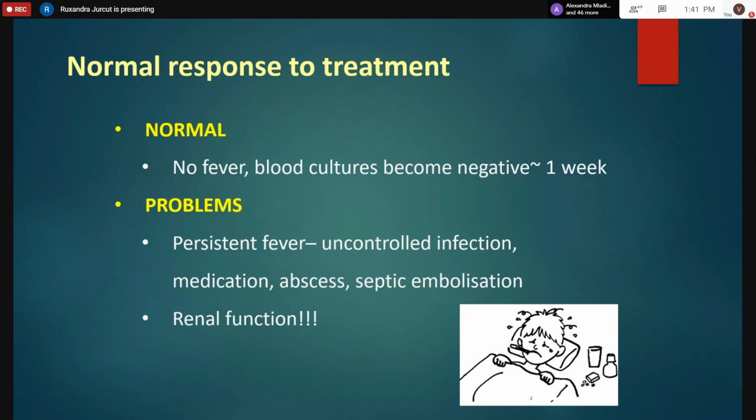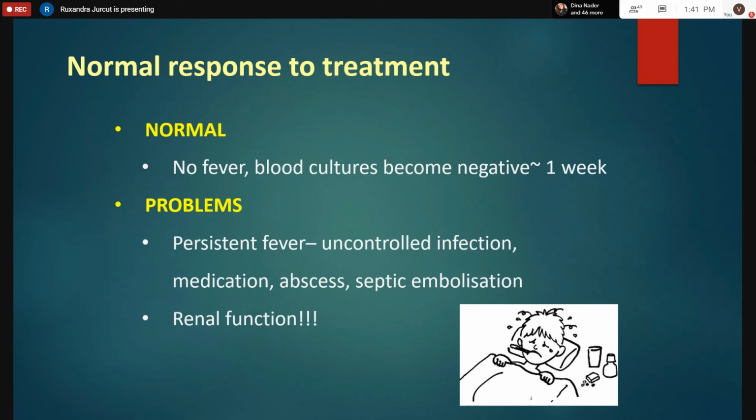Normally, a patient who has a good response to treatment should have in less than a week no more fever and blood cultures become negative. But if the fever persists, then there might be a problem. The problem might be that the infection is not controlled, either because we didn't choose the antibiotics well, or because there is an abscess, for example, or a septic embolism in another organ, and then the antibiotic just doesn't enter well and isn't able to sterilize this sort of tissue.